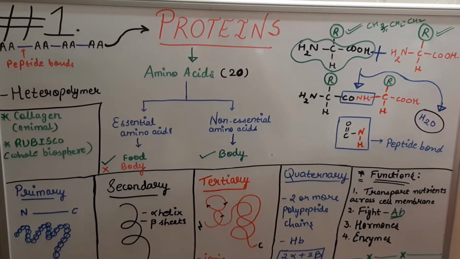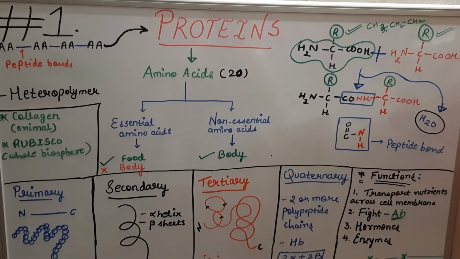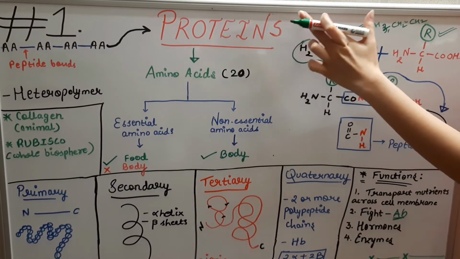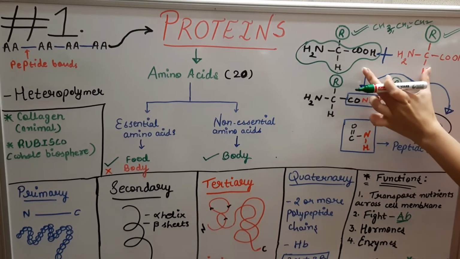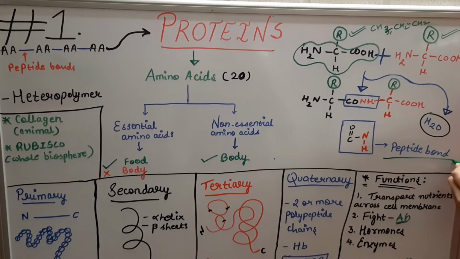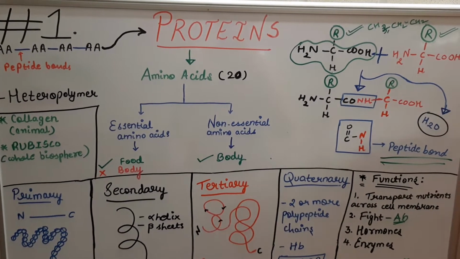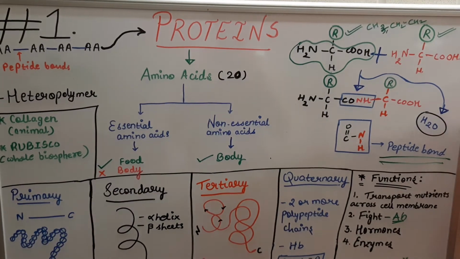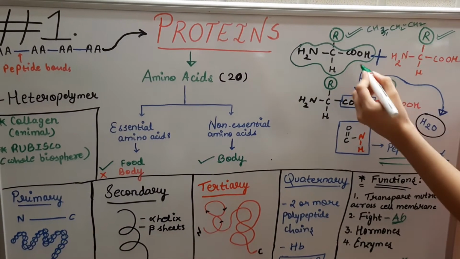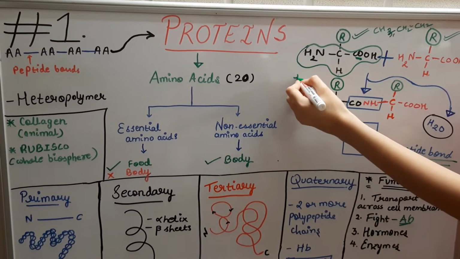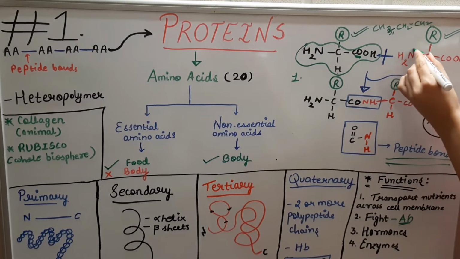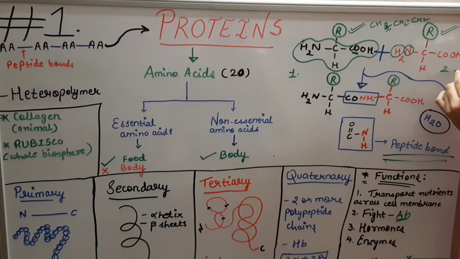Okay, so now, how are these proteins formed? Proteins are formed by the connection of amino acids, and these amino acids are connected through the formation of the peptide bond. Now, how is this peptide bond formed? Peptide bond is formed between CO of one amino acid and NH of the second amino acid.